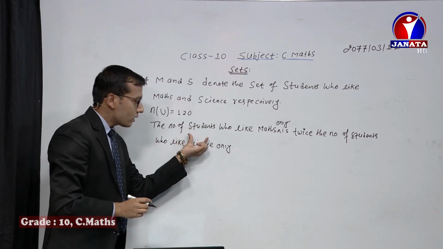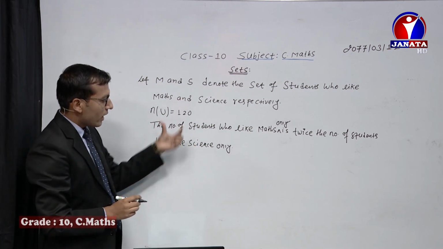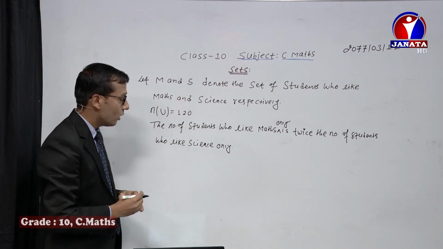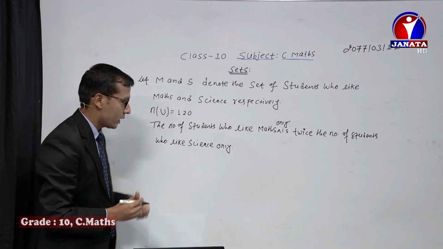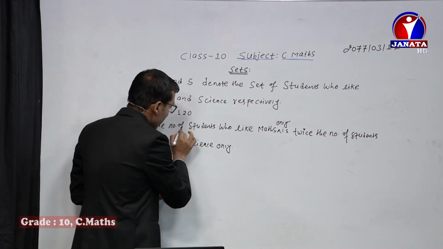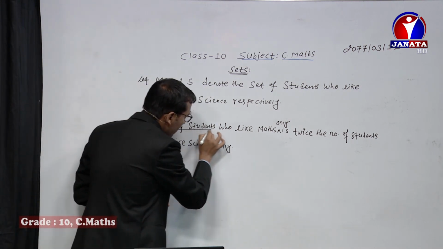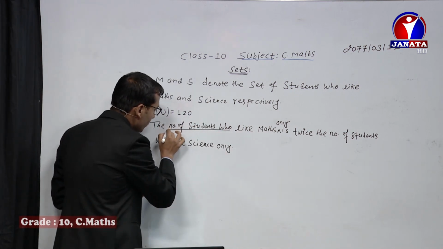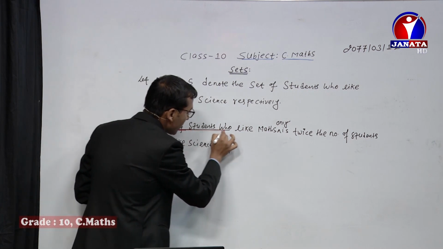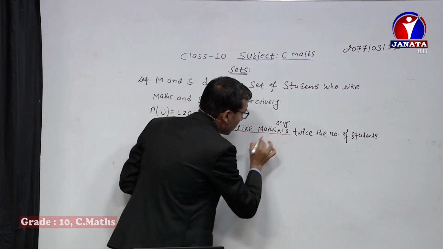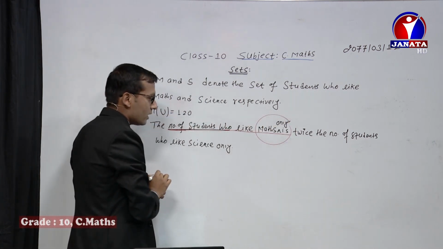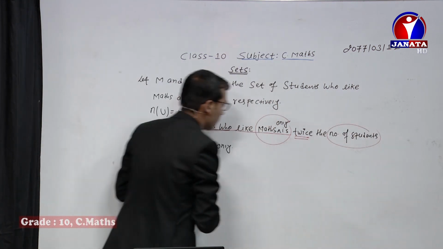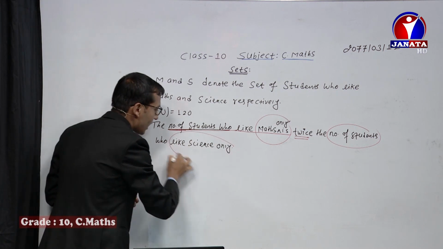Let's transform this mathematical language into set notation or a mathematical expression. The number of students who like mathematics only is twice the number of students who like science only.